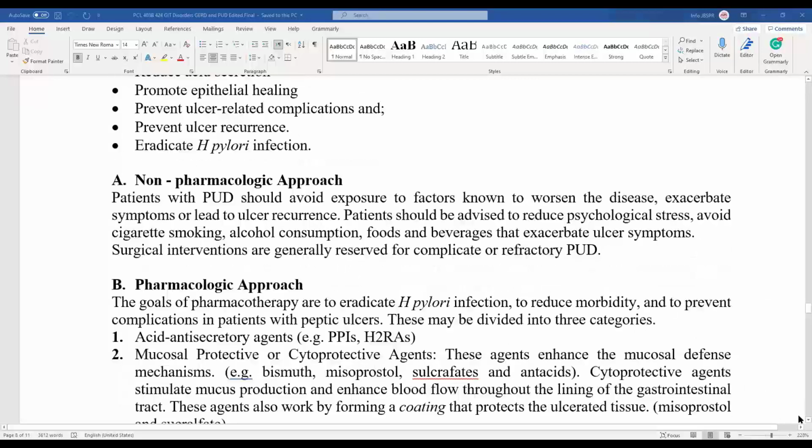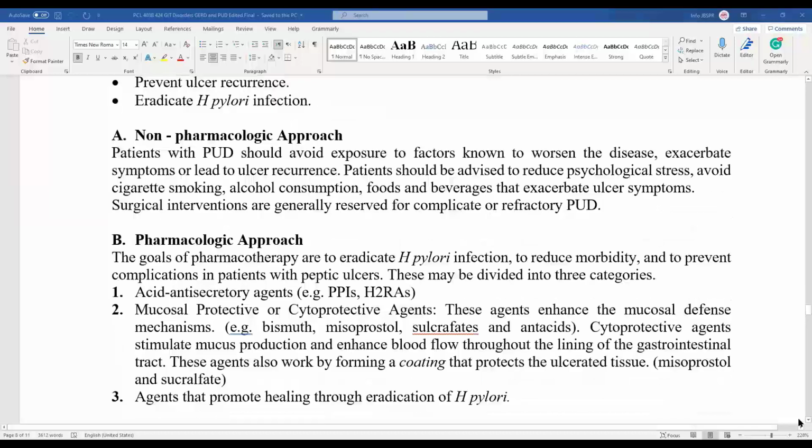Now, pharmacologic approach. Part of non-pharmacologic approach is surgical intervention, but that is generally reserved for complicated or refractory peptic ulcer disease. As for pharmacologic approach, we have said that H. pylori infection and non-steroidal anti-inflammatory drugs are major causes of PUD. So one, you have to eradicate H. pylori infection, and then we also want to prevent complications in patients with peptic ulcer.